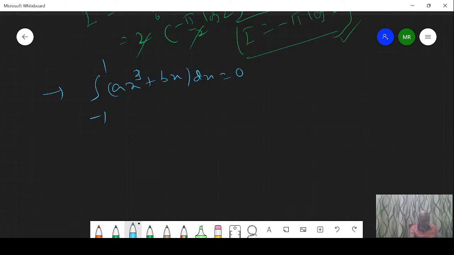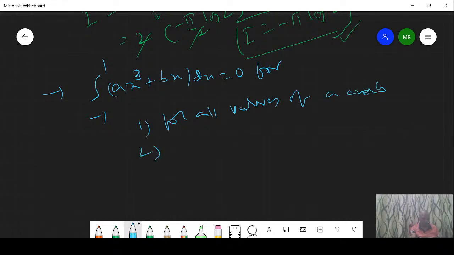See the first option: 0 for all values of a and b. They are asking for all values of a and b. This is the first option.